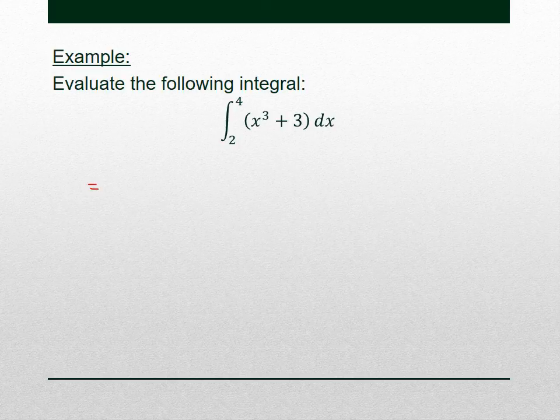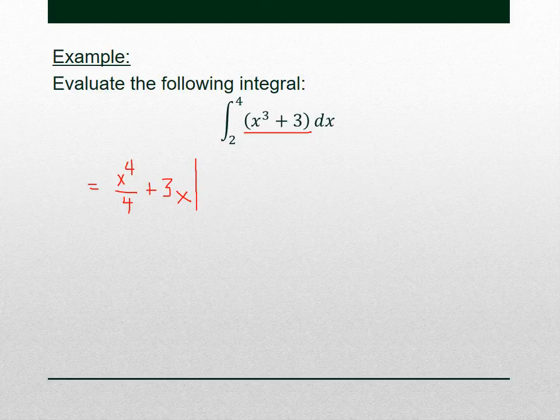So, for this guy, we've got the integral from 2 to 4 of x cubed plus 3 dx. So using our fundamental theorem of calculus, we need to find first the antiderivative of x cubed plus 3. So x cubed becomes x to the 4th divided by 4.